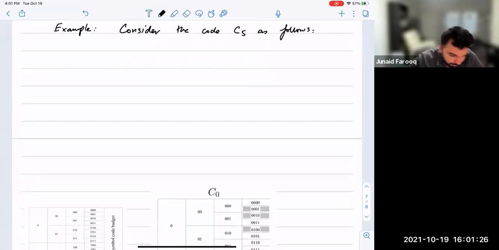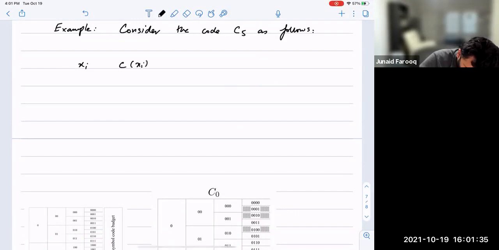So you have xi, c of xi, li, log 2 1/pi.